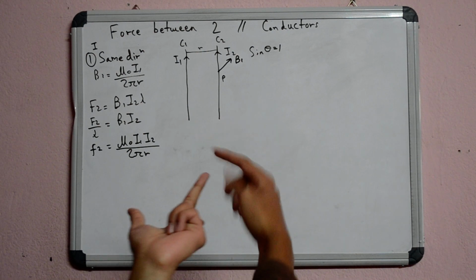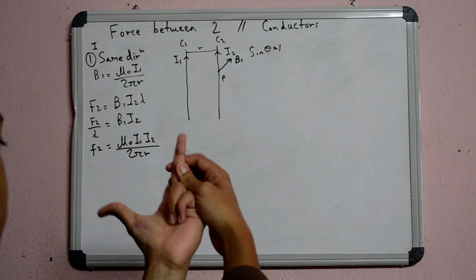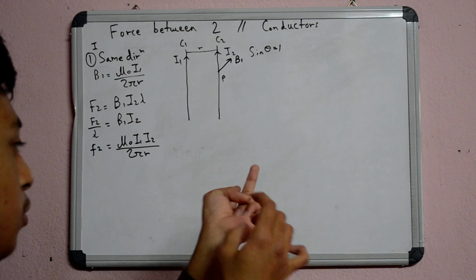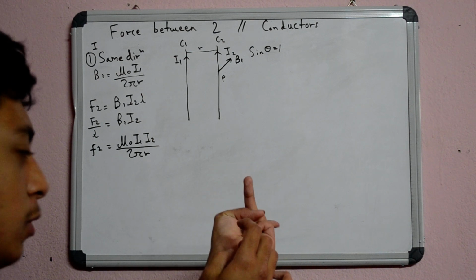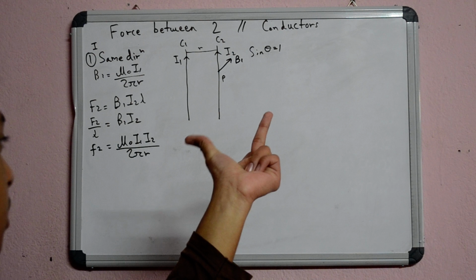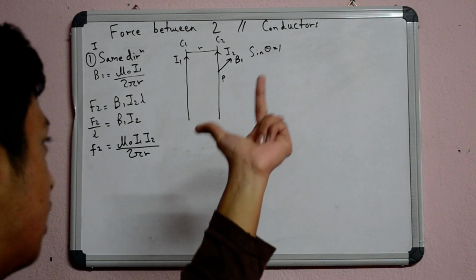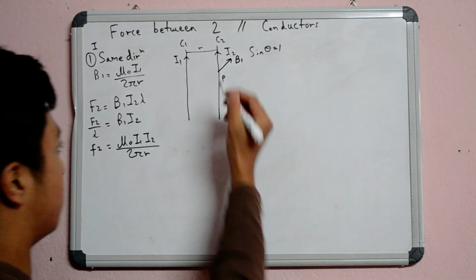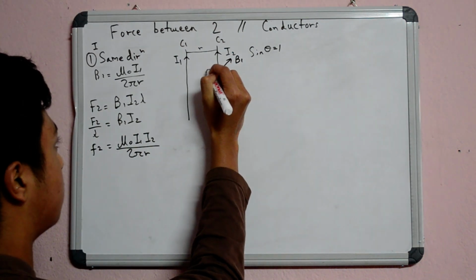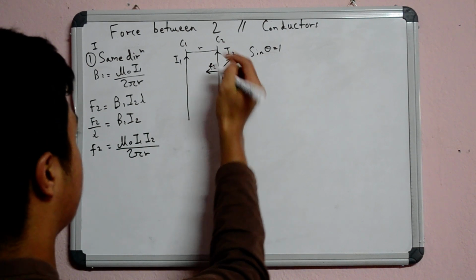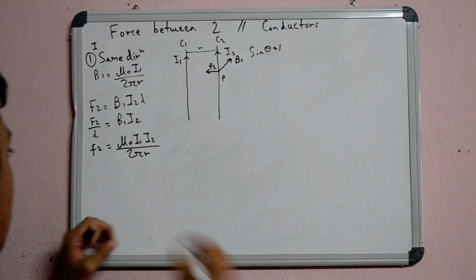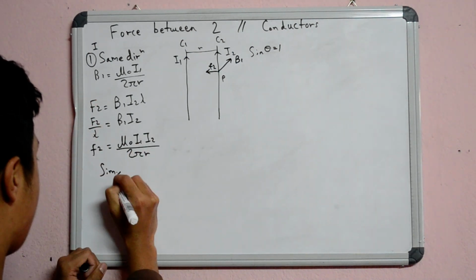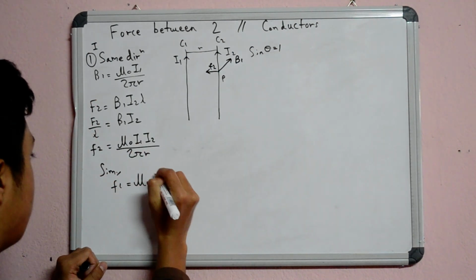Father, mother, child: magnetic field, direction of current, and here the Lorentz force, which should go like this, but the direction is reversed for an electron. So the Lorentz force is going towards the conductor C1.